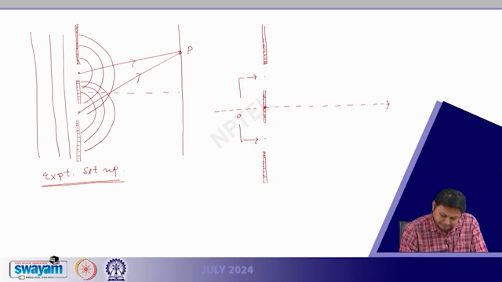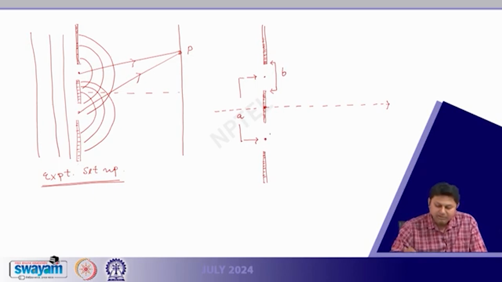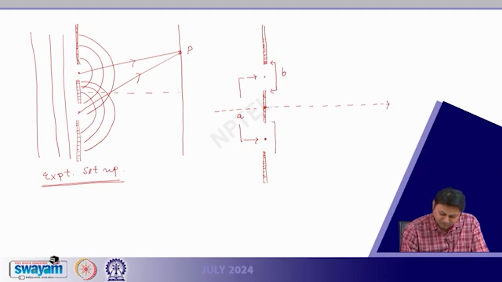So, this is A, center to center, and the individual slit width, from here to here, is B. So, that is our definition: A is the separation between two slits, the central point to central point of the slits, and B is the width of the individual slit.